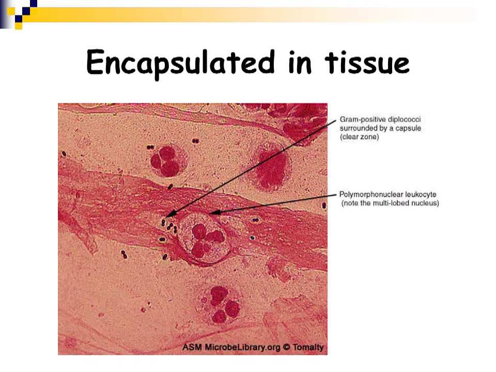Here you can see a tissue sample, and you can see the capsule, the clear area around the organism. Now, a key characteristic about Streptococcus pneumoniae, which is why it's commonly referred to as diplococcus, is it forms a diplococcus. 2 cocci, gram-positive, that chain together in pairs.